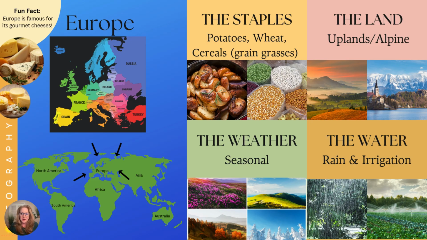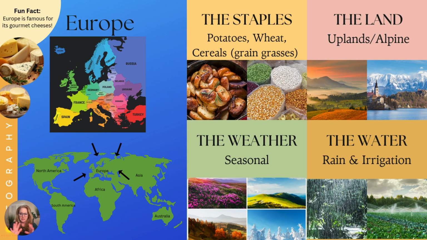And the land there also varied from the north to the south and in the middle, but we have the uplands, which is where some of the grains and the grasses are, some of the wheat is, some of the potatoes. We also have the alpine areas. We have huge mountains in Europe as well. And not a lot of this stuff grows there, but that is the land. That is basically what you're going to be seeing when you get into Europe.